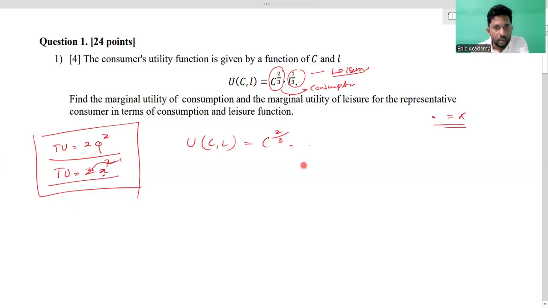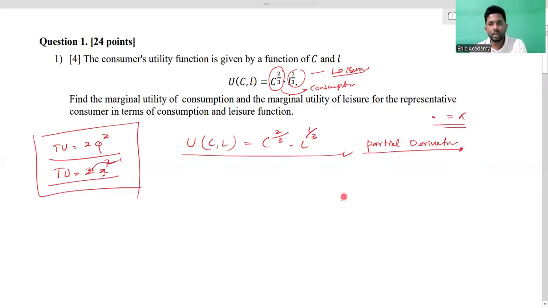So then 1 divided by 3. In here, we can call this kind of thing partial derivation. You can't utilize the ordinary derivative in here. You have to utilize the partial derivation methodology.